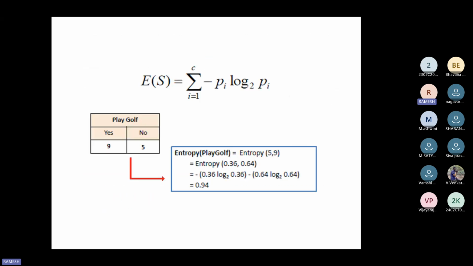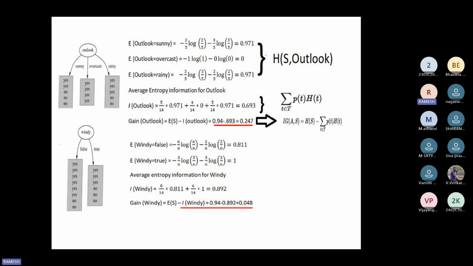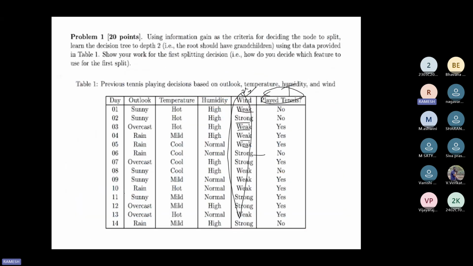How many weak are there, how many strong are there, here it is segregated. The wind column we have taken. So instead of yes and no, it is weak and strong, and here only we'll calculate that without confusion.